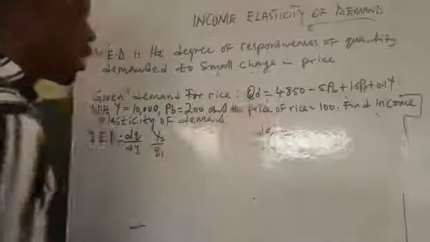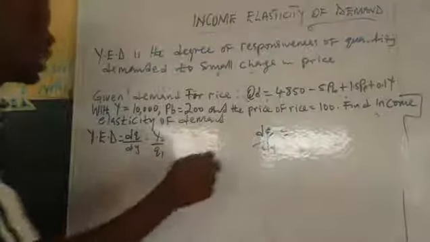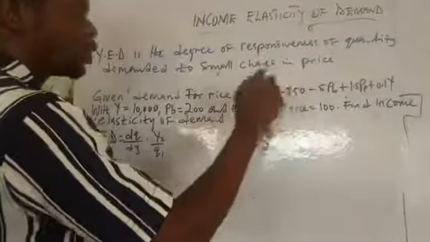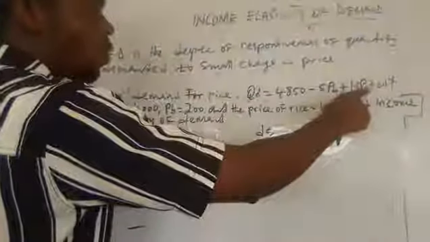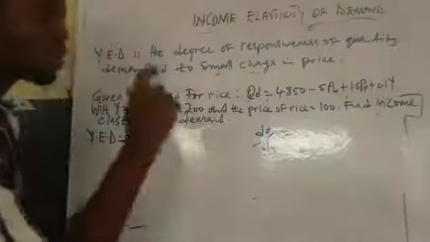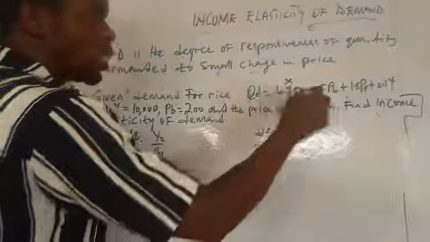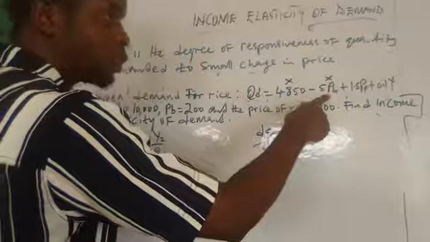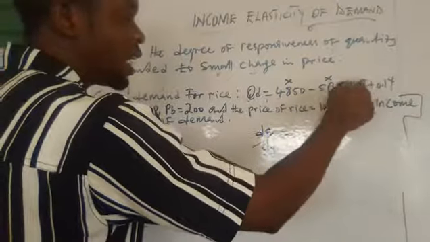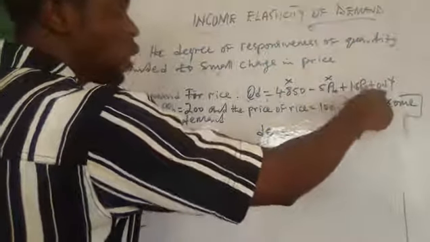Now, if you want to do that, what are you going to do? You are going to differentiate the whole function here, this QD, with respect to y. Because we don't have any issue with the price of substitute, PV standing for price of substitute, and we don't have any issue with the price of the commodity.